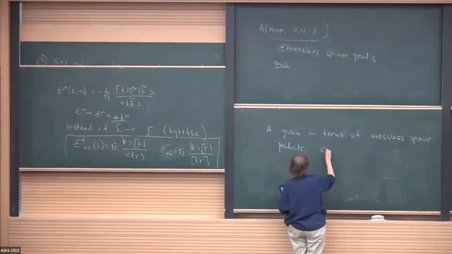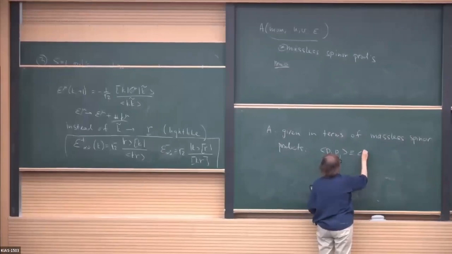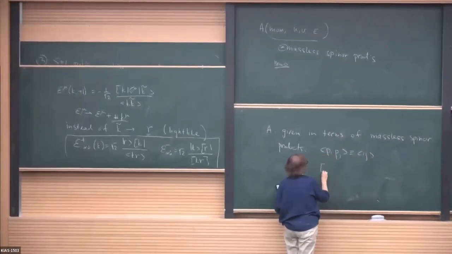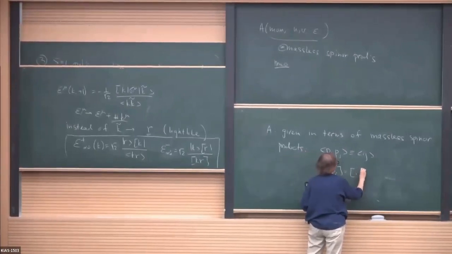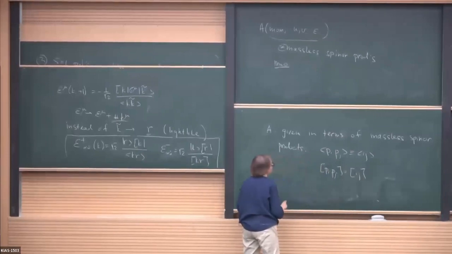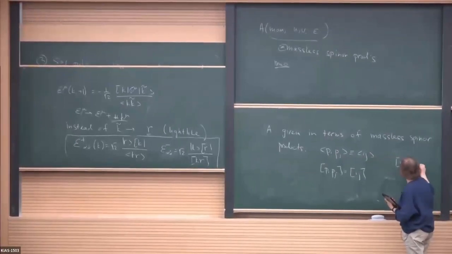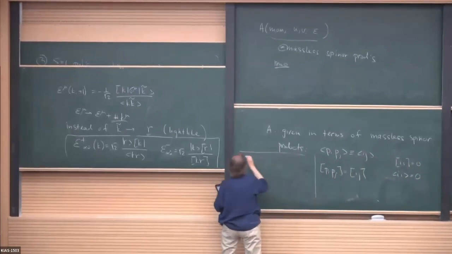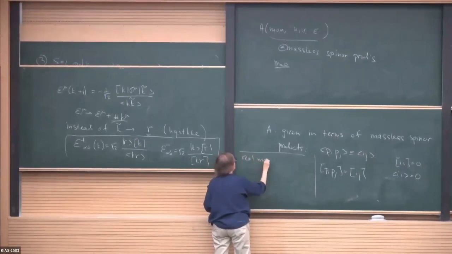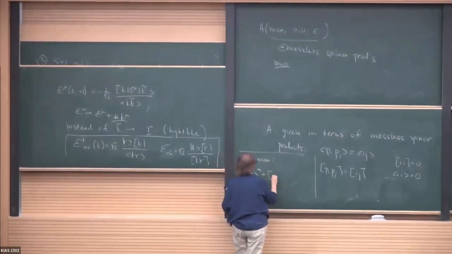So these are going to be something like angle Pi, Pj, which we can abbreviate as angle ij, or square Pi, Pj, which we can abbreviate as square ij. And remember that angle ii is 0, and similarly square ii is 0. As long as we talk about real momenta, then square ij star is angle ji.